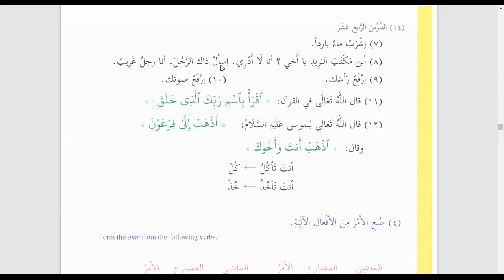Is'al, just for the sake of information, write it there that Sa'ala Yas'alu has two ways of making fi'l al-amr that are used in the Quran. One is Is'al and the other is Sal, as in Sal Bani Israel. Seen lam, and seen has fatha. We can take this as an exception.